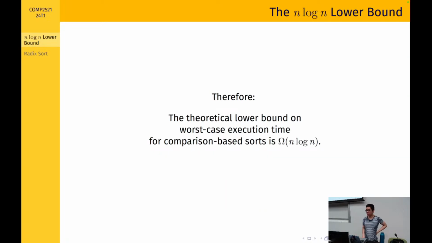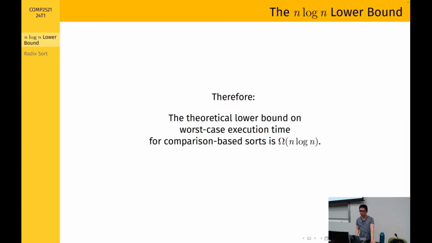Right, so another way of putting it is that the theoretical lower bound on worst case execution time is big omega of n log n. Okay, so with comparison-based sorting algorithms, the worst case that we can achieve is n log n.